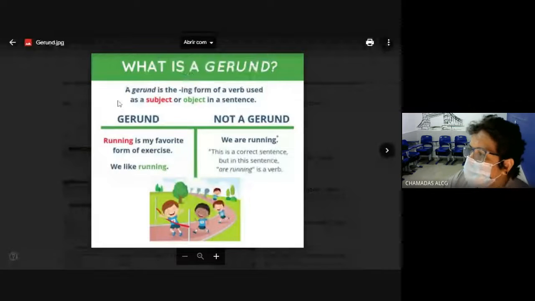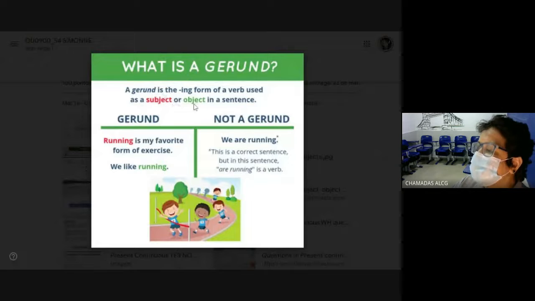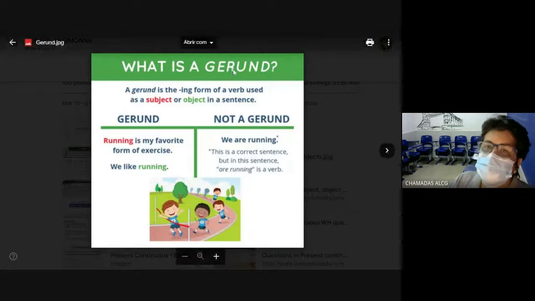A gerund is the ing form of a verb used as a subject or object in a sentence. I like this definition because it's very concise. It summarizes really well what a gerund is.